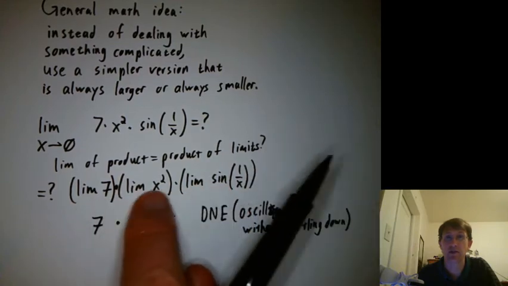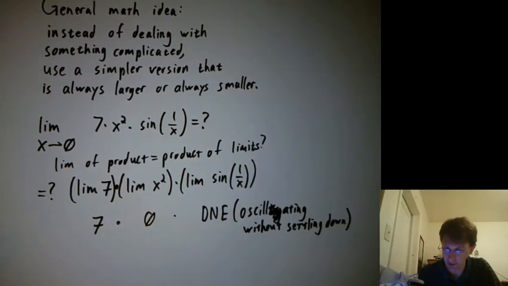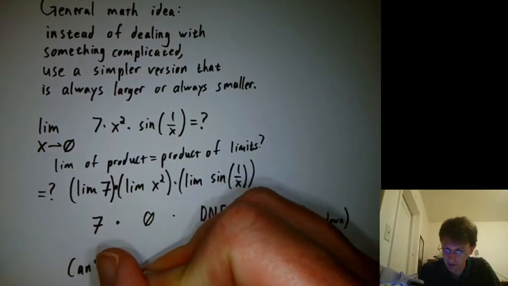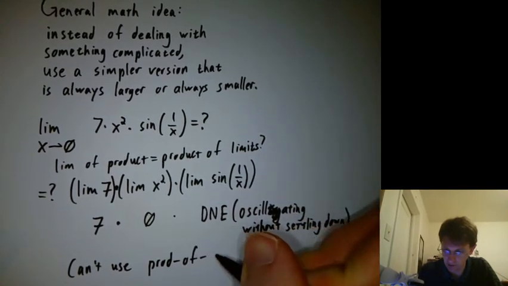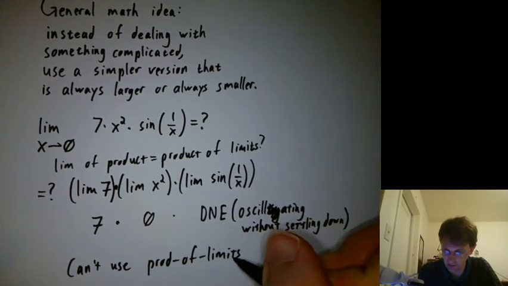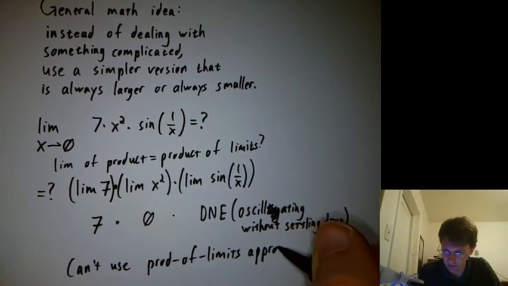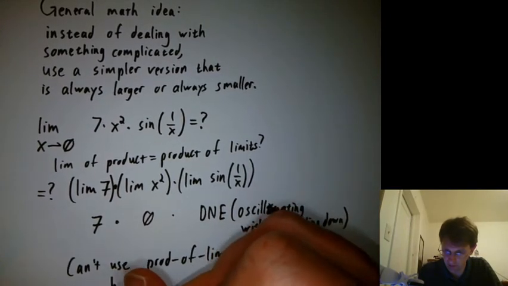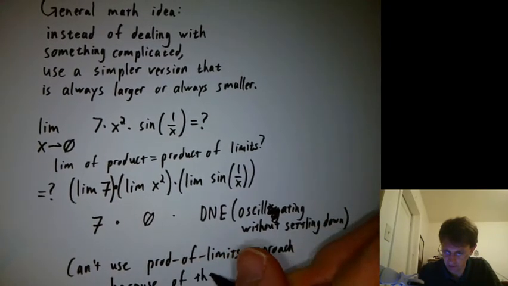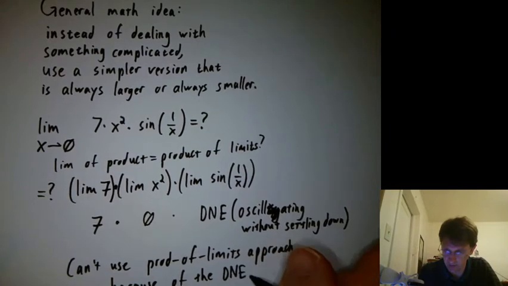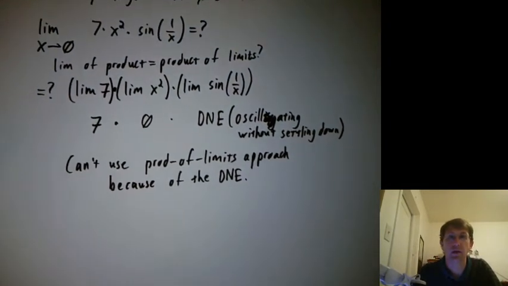We can't just use this rule because this rule doesn't apply. So we can't use the product of limits approach. So what can we do?